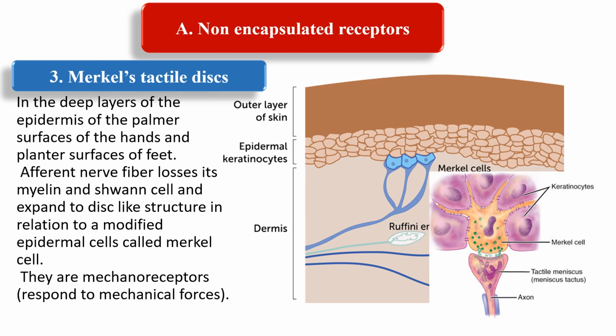These discs do not penetrate, but come in relation to the Merkel cell present in the epidermal cells. What about the function of this Merkel's tactile disc? The main function is as a mechanoreceptor, which responds to mechanical forces.